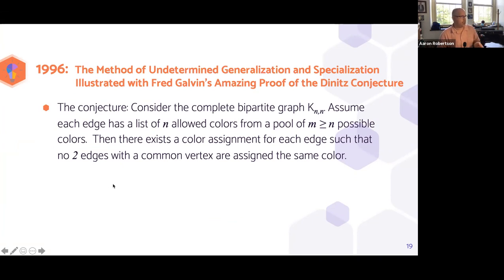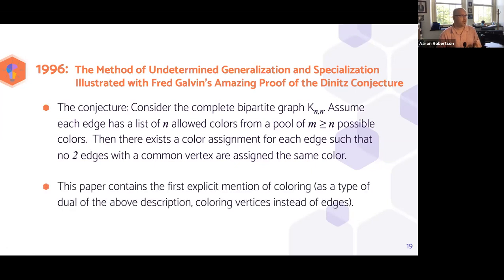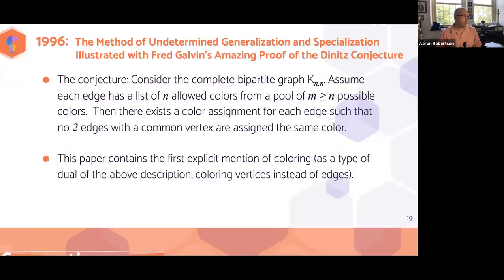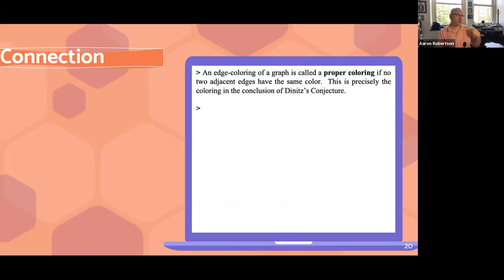And the question is, can we always find a color assignment where no two edges that share a vertex get the same color? So we're looking at, again, some kind of Ramsey or rainbow Ramsey idea. And this is actually the first explicit mention of coloring. So we're getting much closer to Ramsey theory. What's actually being asked is, is there a proper coloring in this?